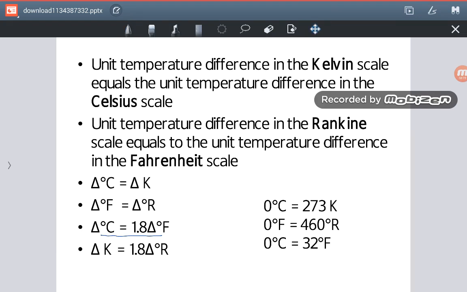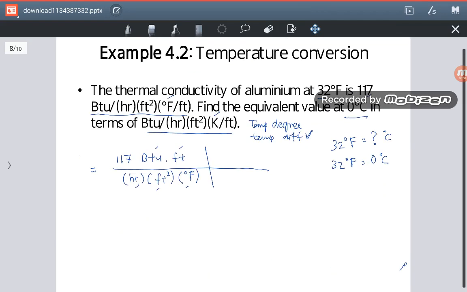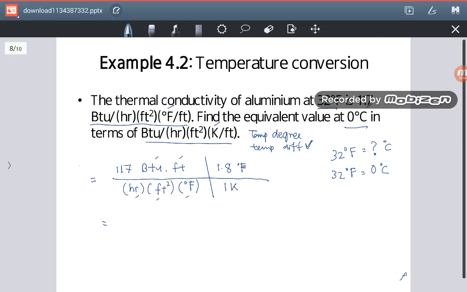So same goes here. For this one, what we need to do is put 1.8 degree Fahrenheit equals to 1 Kelvin, and that's it. You don't have to do anything else, just like that, so that this can be cancelled.